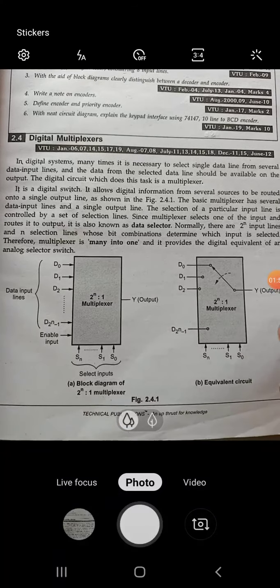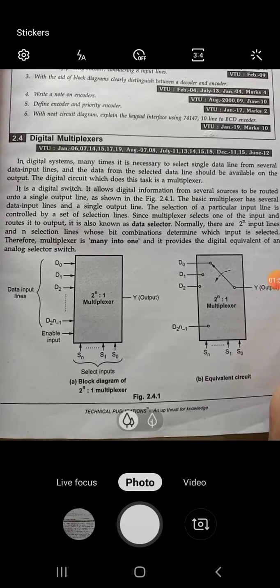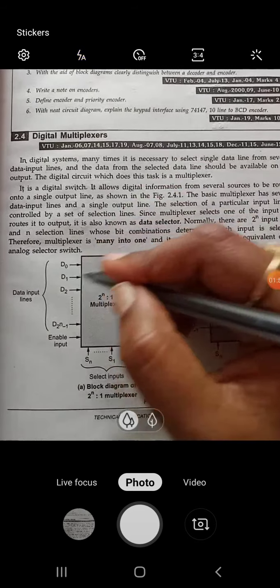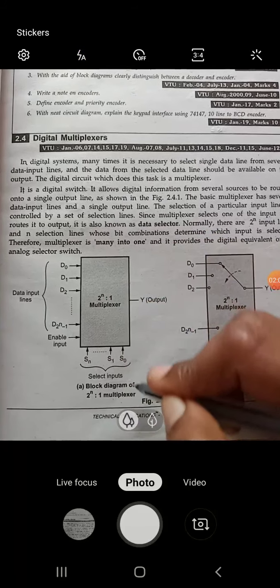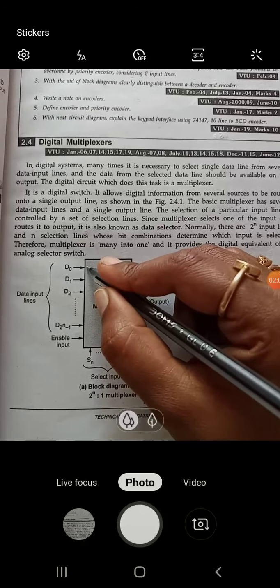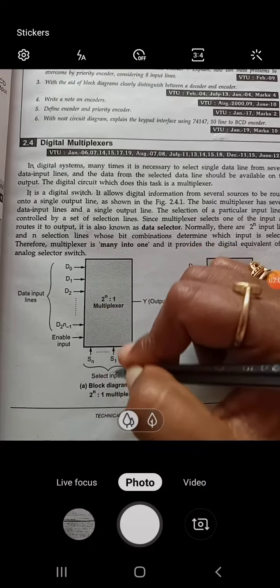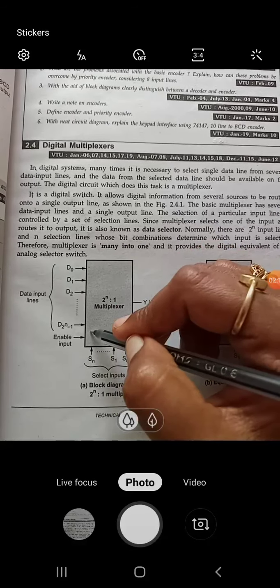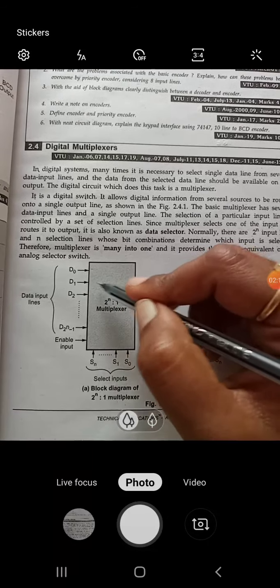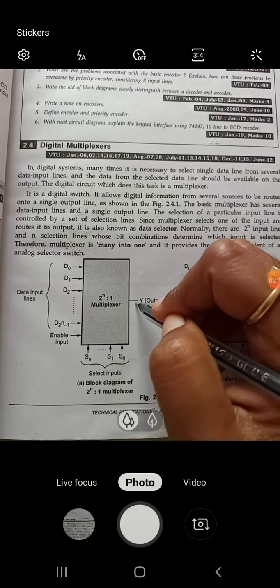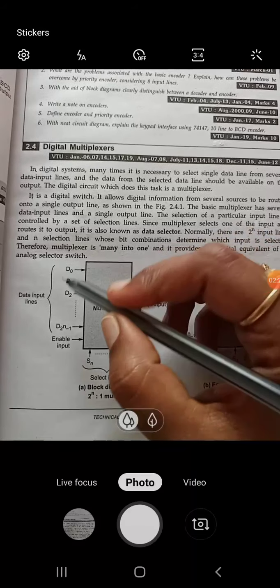What are these select lines? These select lines are the ones which are going to select. If there are 8 inputs, 0 to 7, and you want to access the fourth input, meaning you want d4 to appear at the output, how to select this line?